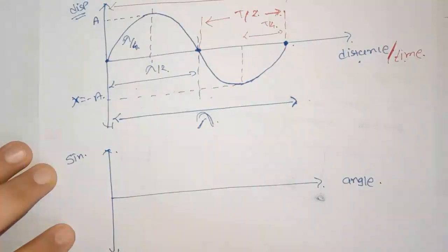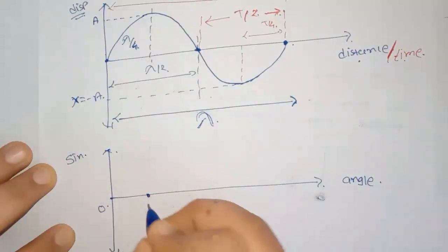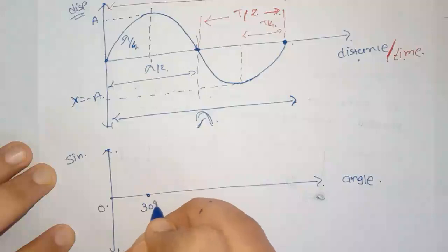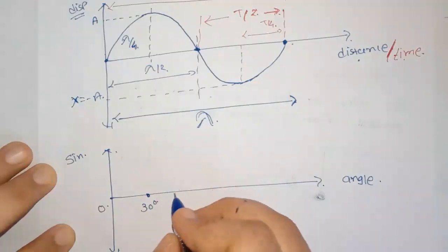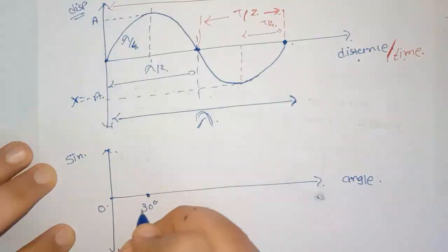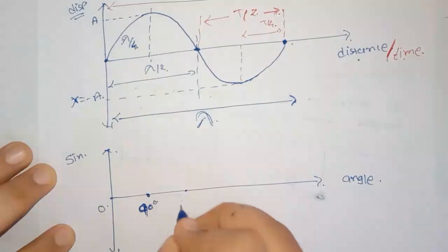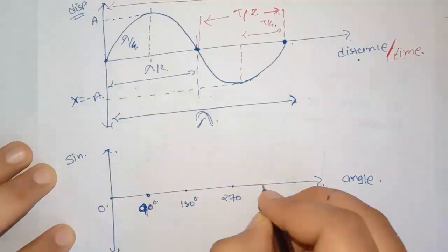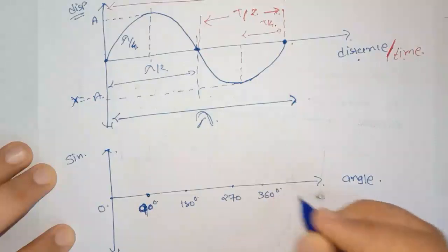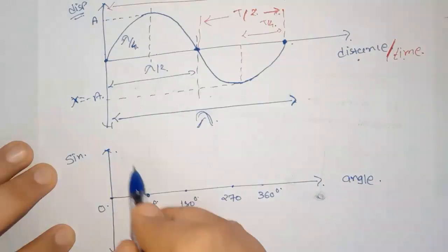We know different values of angle, that is 0, 30 degree, 45 degree, 90 degree. So for simplicity we'll make it 0, 90, 180, 270 and 360 degree. We know the value of sine 0 is 0.